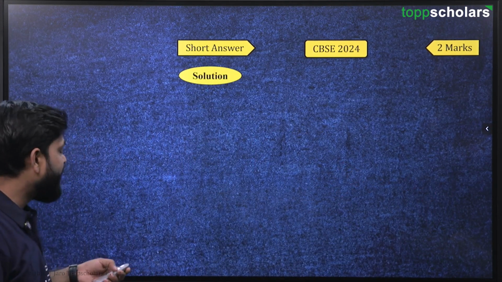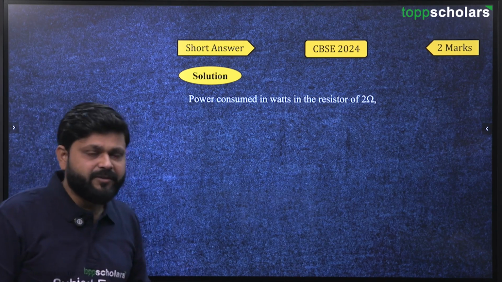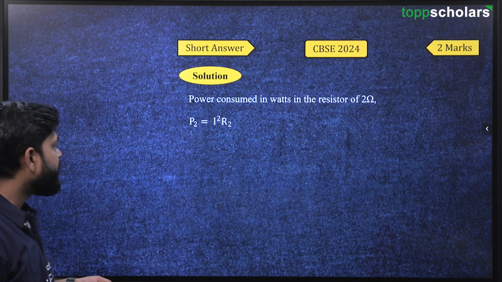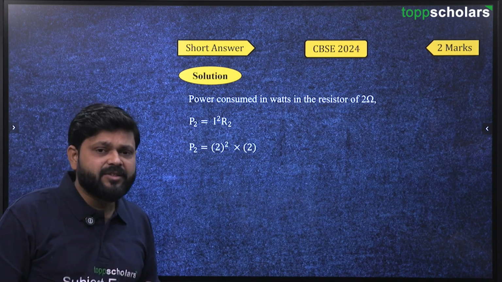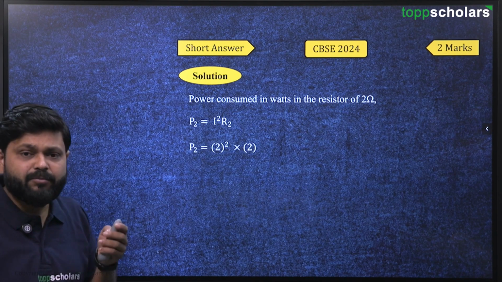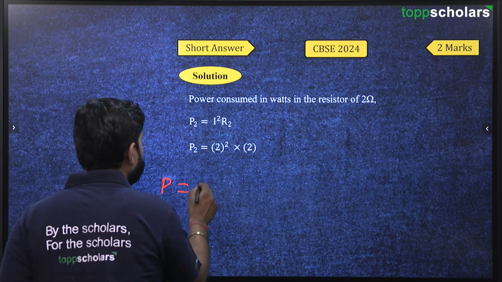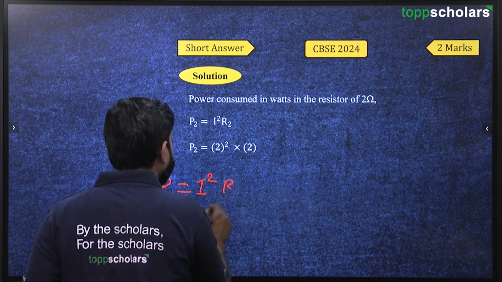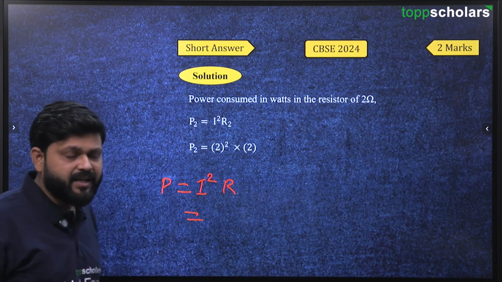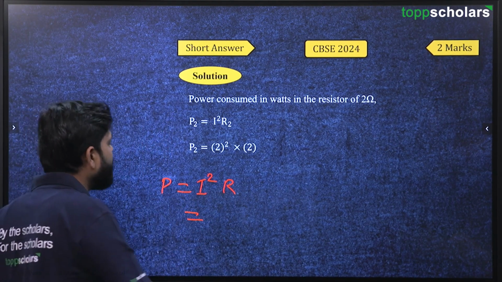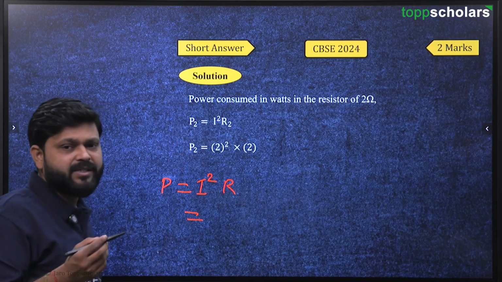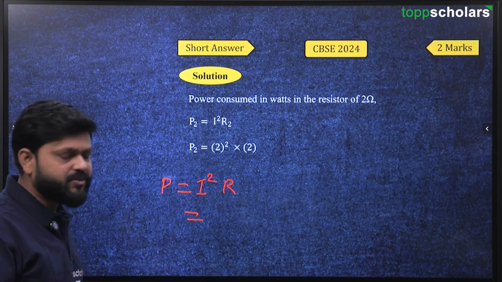Now next, we need to find the power. For power, we know that E equals P into T. And it has been asked that you need to find the power from the 2 ohm resistance. For the 2 ohm resistance, P equals I square R, and we have found I equals 6 upon 3, that is 2.